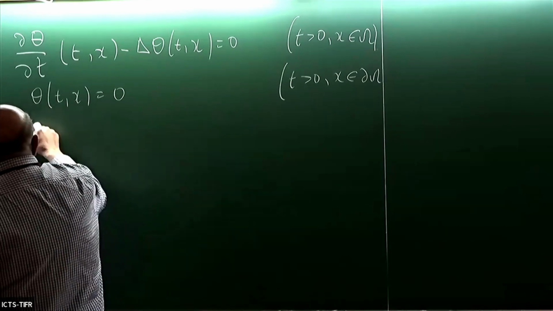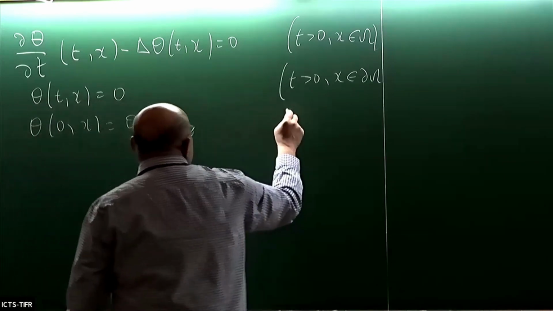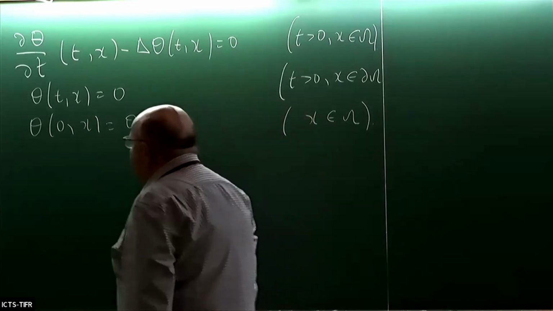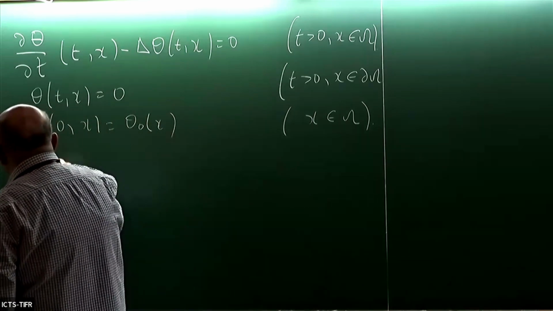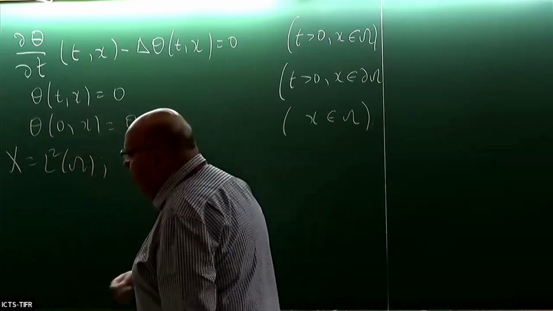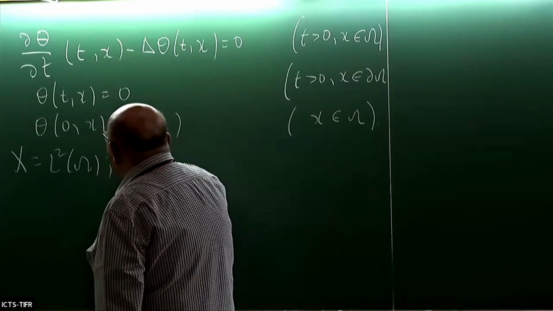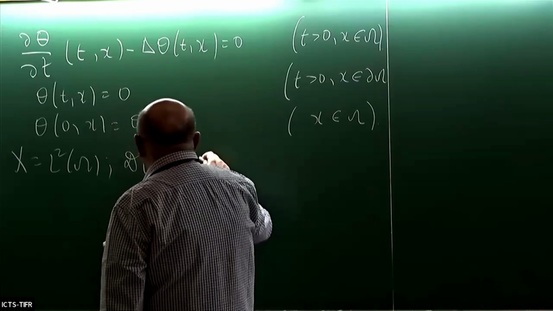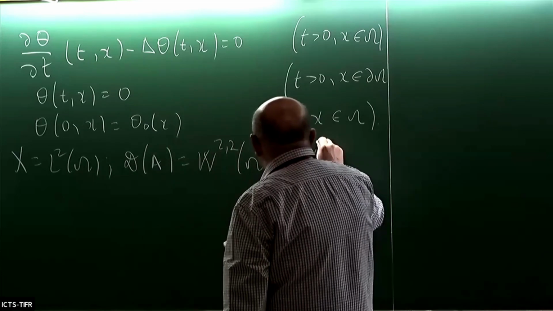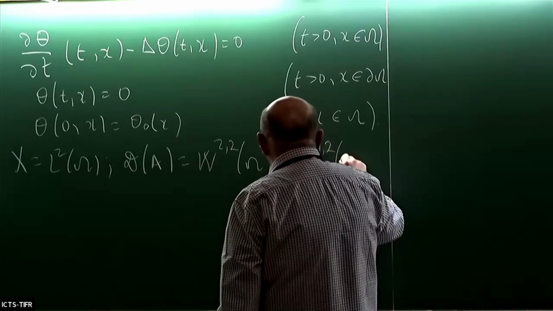The initial condition, theta of 0, x is equal to theta 0 of x if x is in omega. So here, the space capital X will be L2 of omega. Assuming that the boundary of omega is also smooth, to write things simpler, but this is not essential at this stage, the domain of A will be W^{2,2} of omega intersected with W_0^{1,2} of omega.